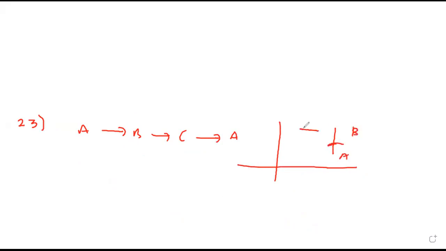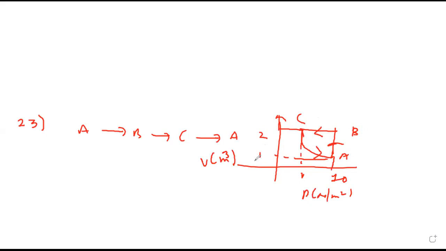An ideal gas is taken from A to B to C and back to A. Pressure is in Newton per meter square, and volume is in meter cubed.